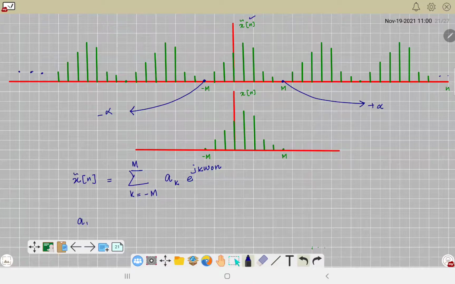And the coefficients will be equivalent to 1 by N. The time period here is 2M plus 1. Then the summation n runs from minus M to plus M, of the signal x tilde n e raised to the power minus j k omega naught n. Right?